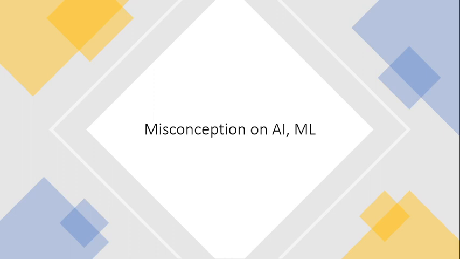Now there are some misconceptions about AI and machine learning that I also want to highlight here. The other day I saw an advertisement for a smart AC. If you set a temperature, let's say 25 degrees Celsius, and the room temperature goes below 25, the AC will turn off. If the temperature rises above or equal to 25, the AC will turn on.